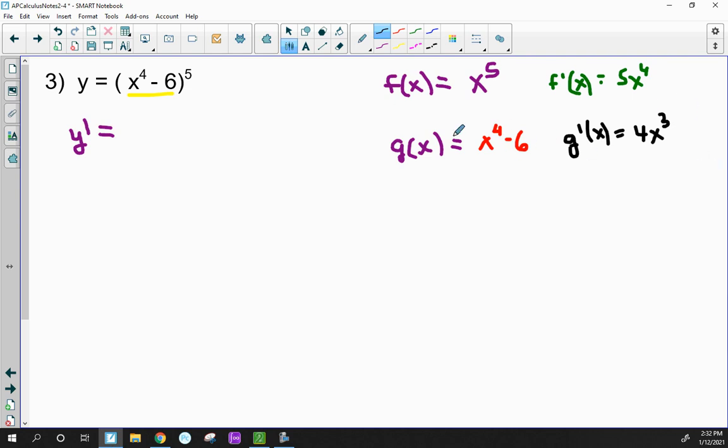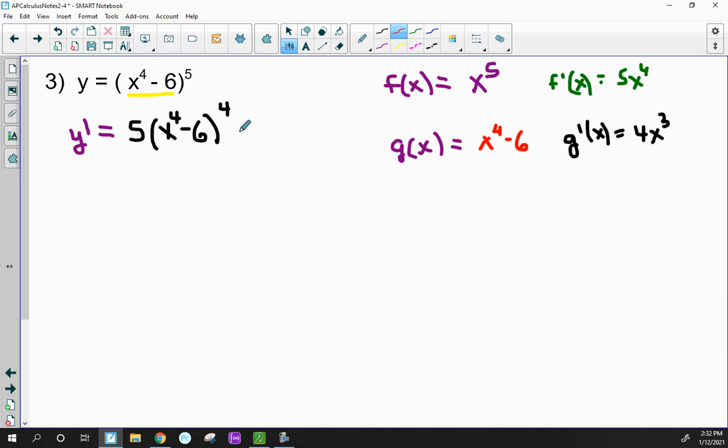This is all you need to find the composition now. Outside derivative first, so 5 times 1 is 5. And instead of writing down x to the 4th, we're going to write down what's in the problem. Again, for the 3rd, 4th, 5th time today, always rewrite this, never change it.